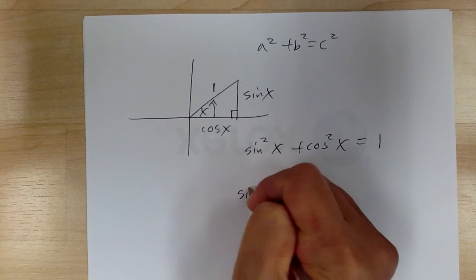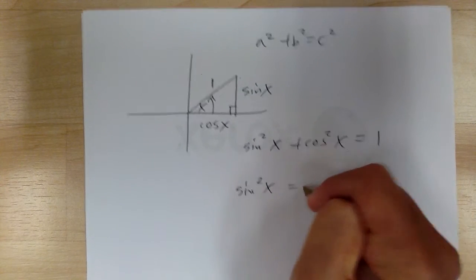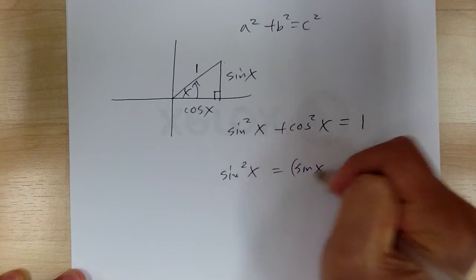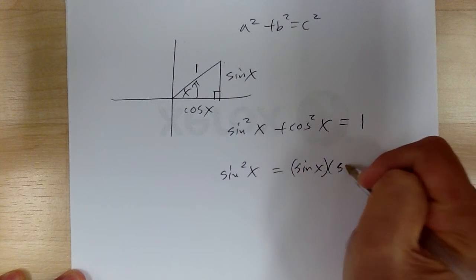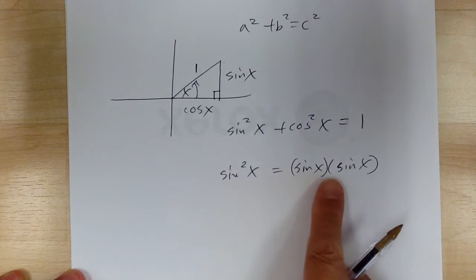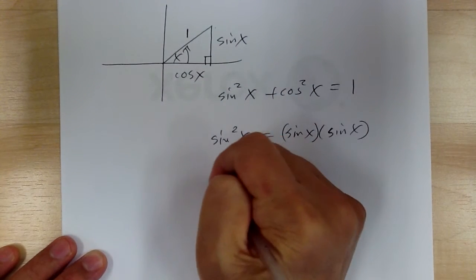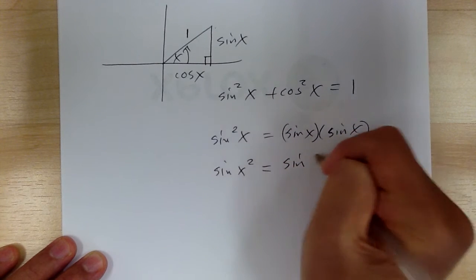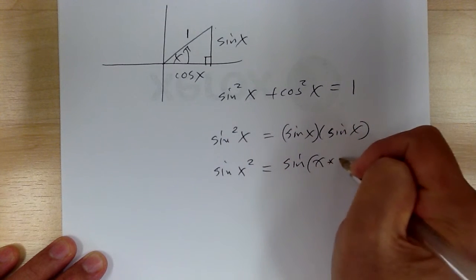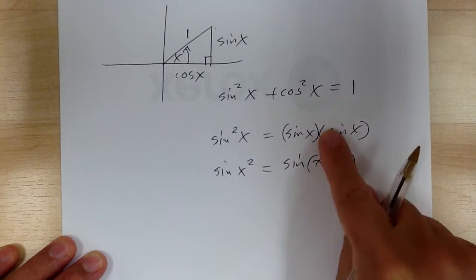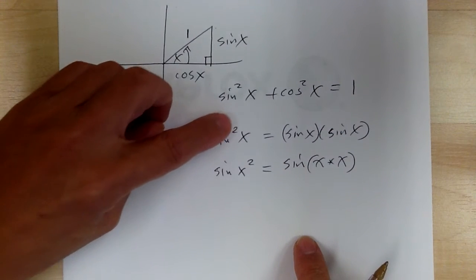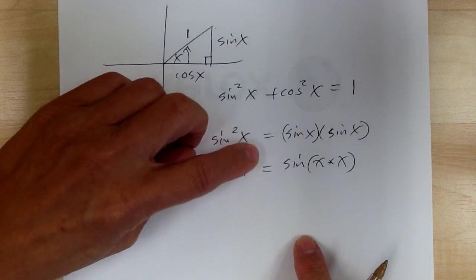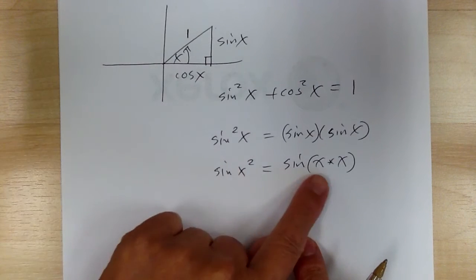So sine square x means sine x times sine x, okay? Whereas sine of x squared means sine of x squared, x times x. So they are totally different things. So this one you square the function. This one you square the variable.